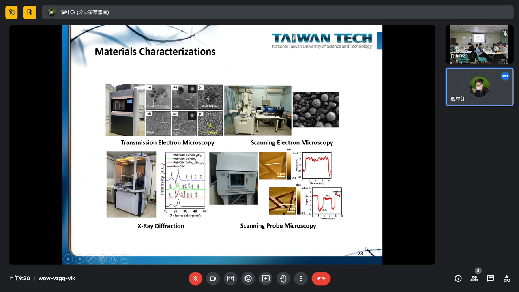Because the applied voltage of the electron will give you an acceleration speed, right? The acceleration speed gives it a certain energy. The energy can be calculated into a certain wavelength.